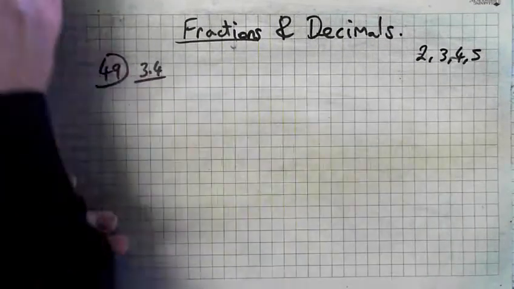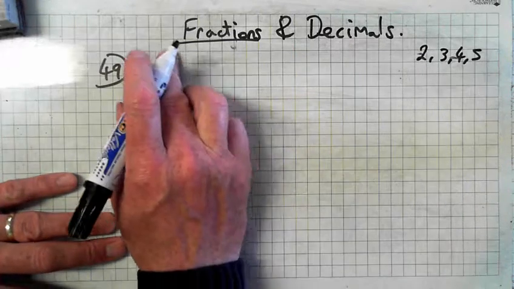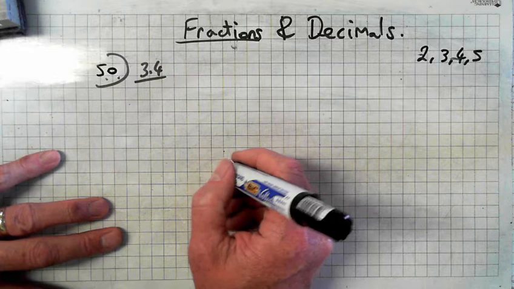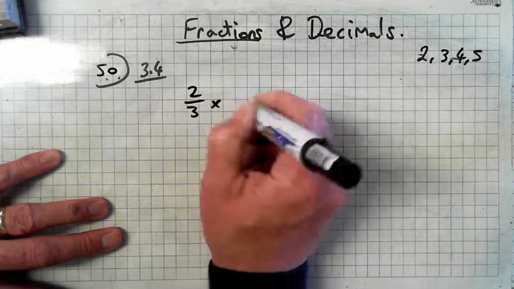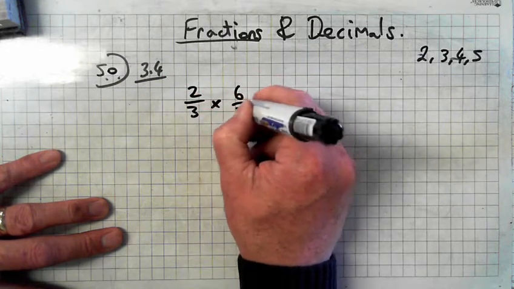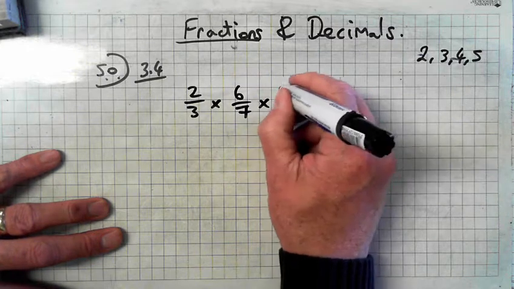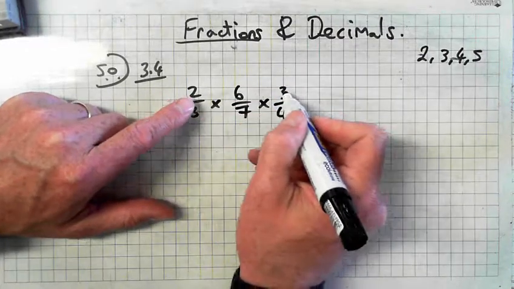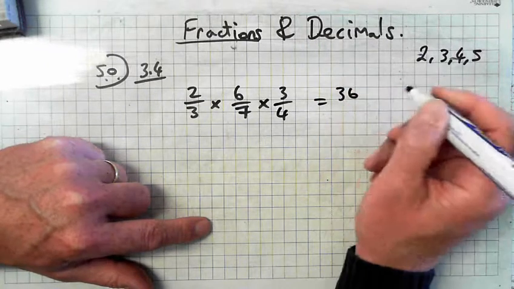Okay, let's go on to the next page. I'm on page 50 now. So 2/3 times 6/7 times 3/4. So I multiply 2 times 6s, 12 times 3, 36.